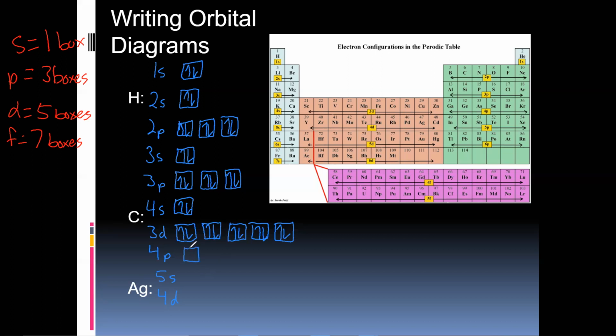4p, 3 boxes. It is full. 1, 2, 3, 4, 5, 6. 5s is 1 box. It is full. The 4d is not full. So here we have 5 boxes again.